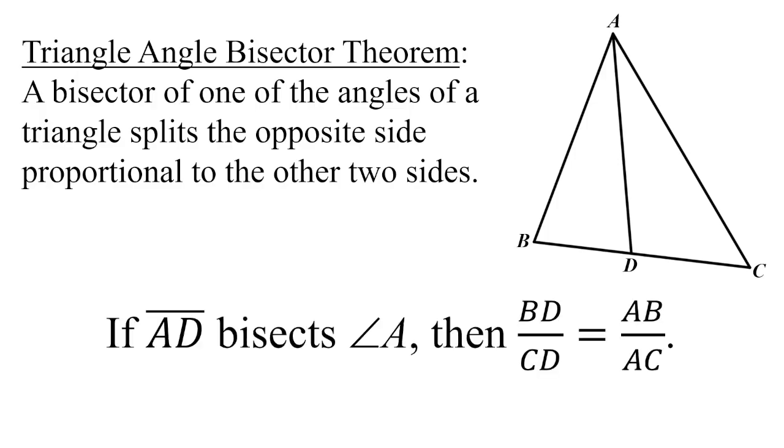In other words, if line segment AD bisects angle A, then the length of segment BD over the length of segment CD equals the length of segment AB over the length of segment AC. So what I'm going to do now is show you examples of how those 3 theorems are used.